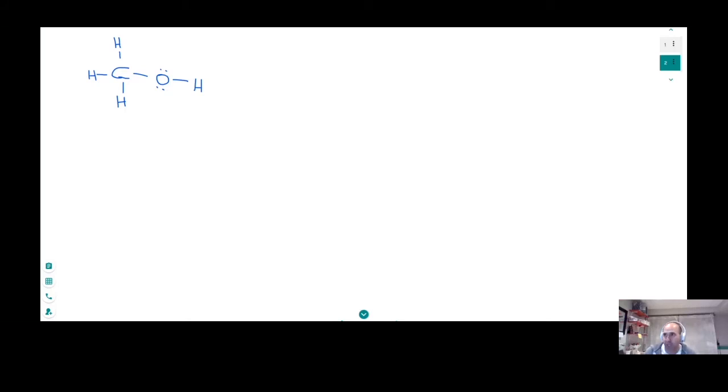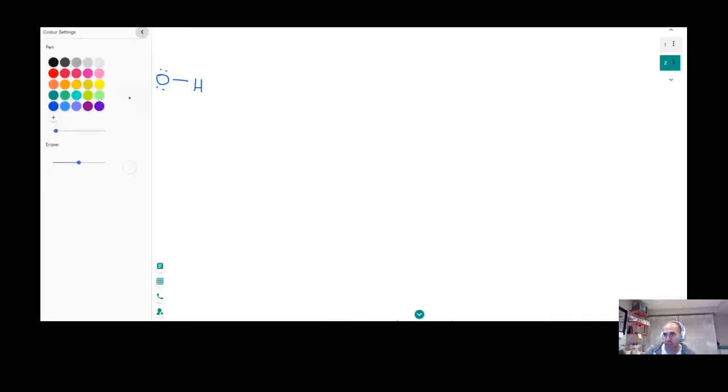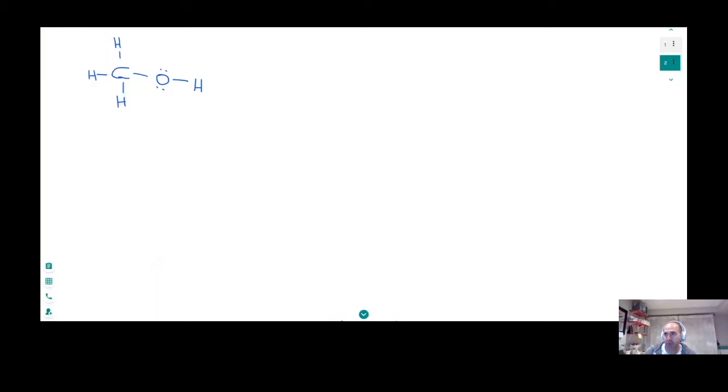This oxygen has 2 atoms bonded to it, and it has 2 lone pairs. So the question is, and someone can add this in the chat, how many electron groups are around the oxygen? Nope, not 2, 4. All right.